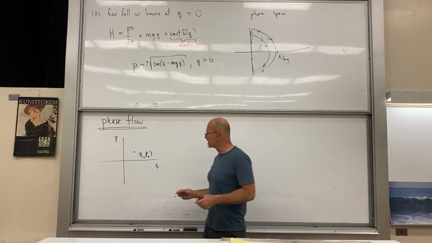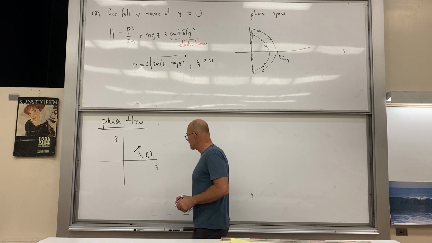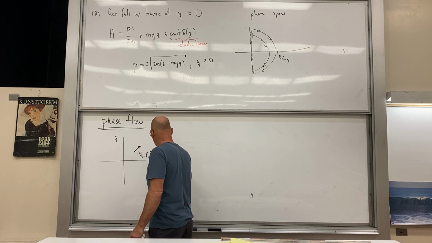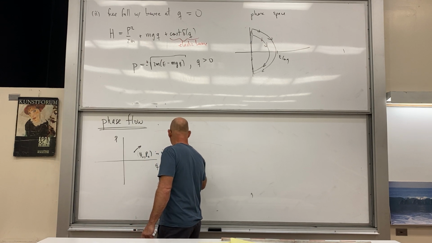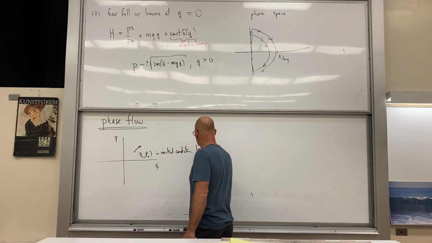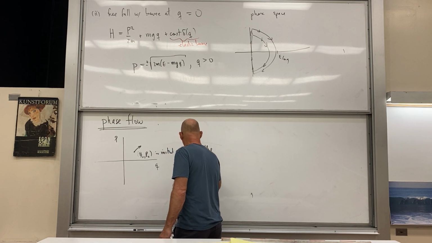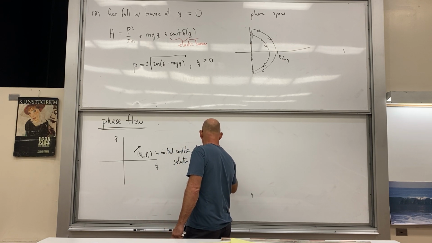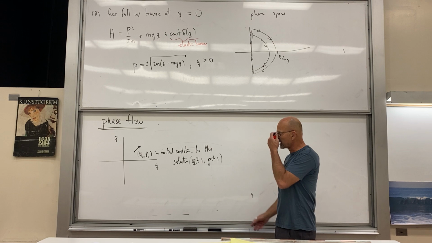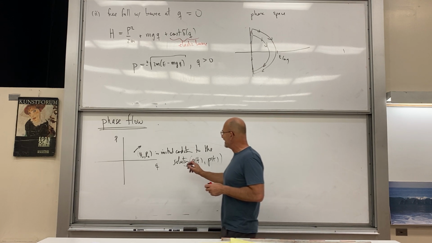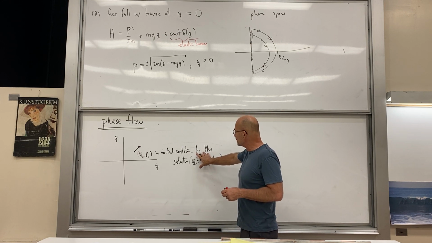We can think of it as an initial condition, and as such, it's the initial condition to the solution of the differential equation, Q of t, P of t. I'll write vectors row or column interchangeably, whatever suits us.